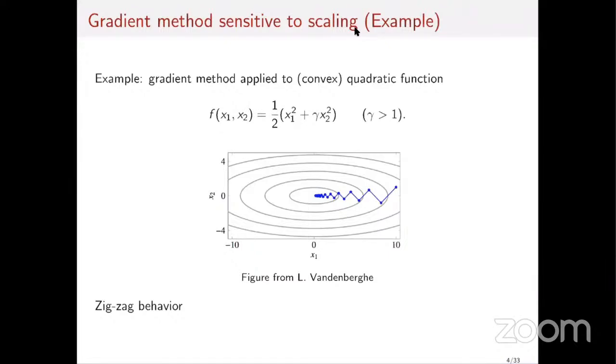In this case, c is equal to gamma over 1, so it's just equal to gamma, this condition number. What we observed is this zigzag behavior of the gradient method. It moves along a certain direction, and then it moves along a different direction that is almost orthogonal to it, and so on, until it reaches the optimum.